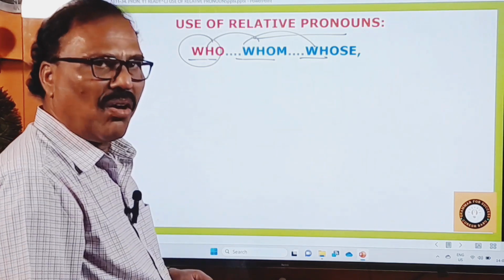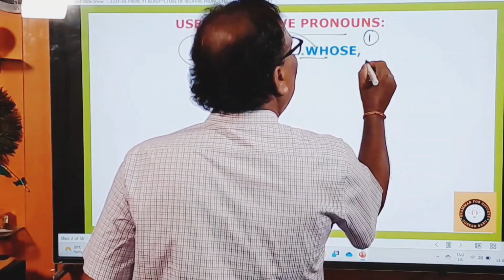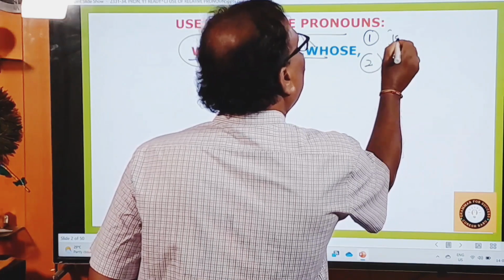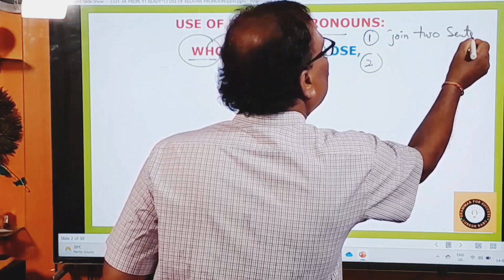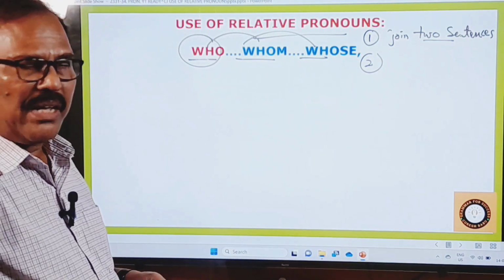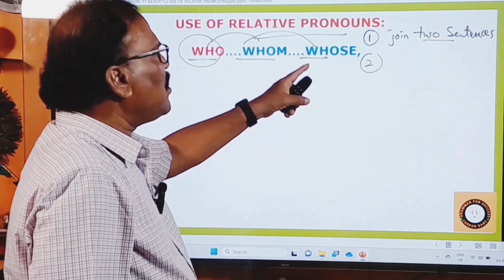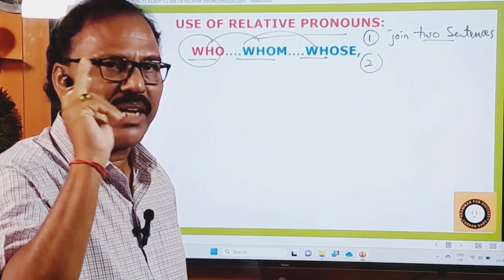Why are they called relative pronouns? Means they do two actions. Number one, they join two statements or two sentences, just like a conjunction. Just like a conjunction, they join two sentences together. That is one action they do.